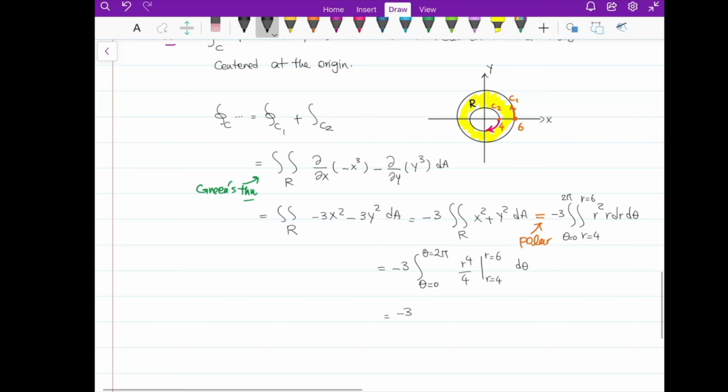So I have negative 3 over 4, and then plug in 6 to the power of 4 minus plug in 4 to the power of 4, then the integral from 0 to 2 pi of d theta. Here I get theta from 0 to 2 pi, which would be just 2 pi.